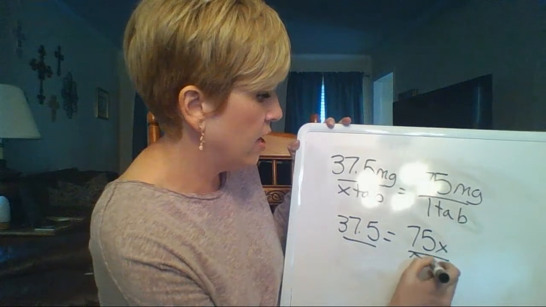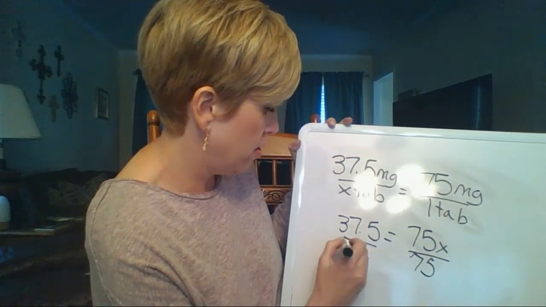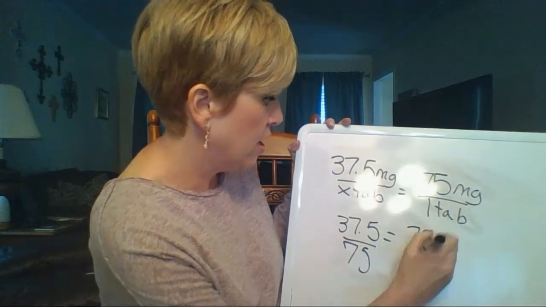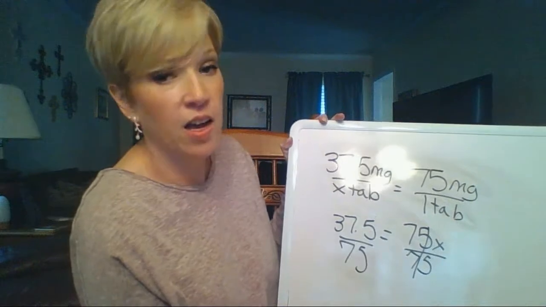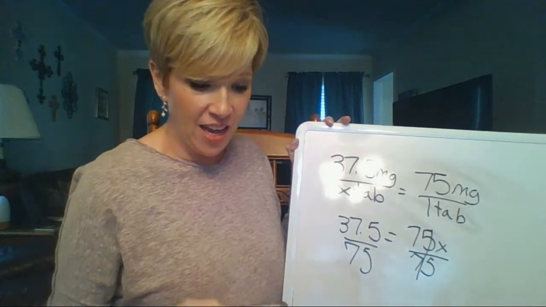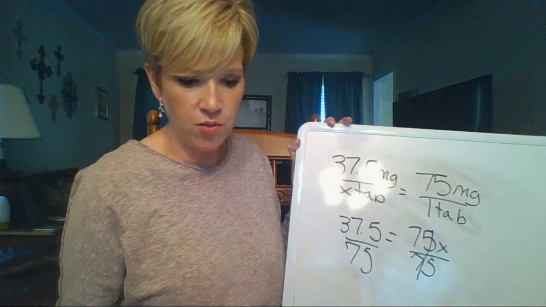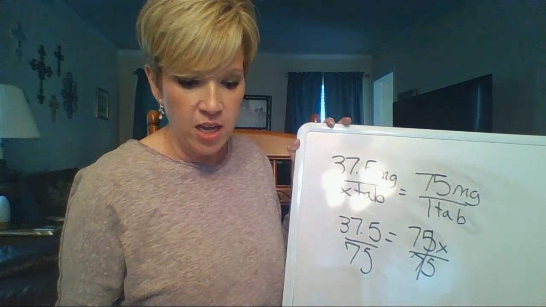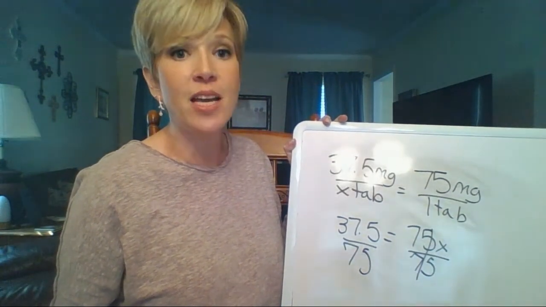Then you divide by 75, so 75 divided by 37.5. Now, you can use a calculator if you need to. I'm sure you don't need to for this, but you can. But here's the thing.